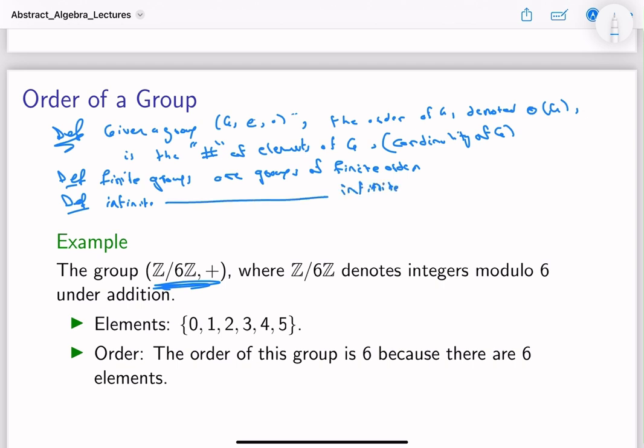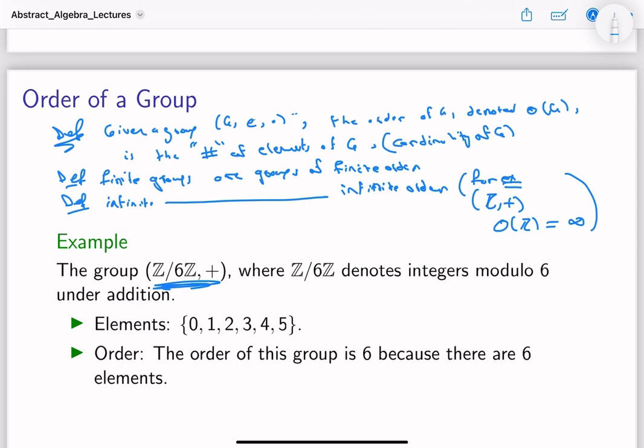So this is how we're defining the term infinite group. For example, if you take the integers with the addition, well, what's the cardinality of Z? Well, Z has infinitely many terms, so the order of Z is infinity, right?